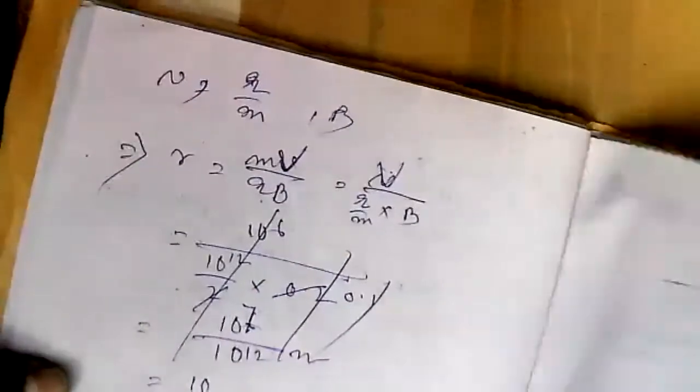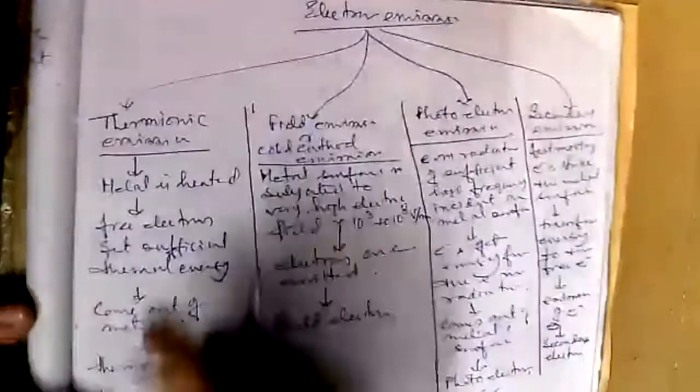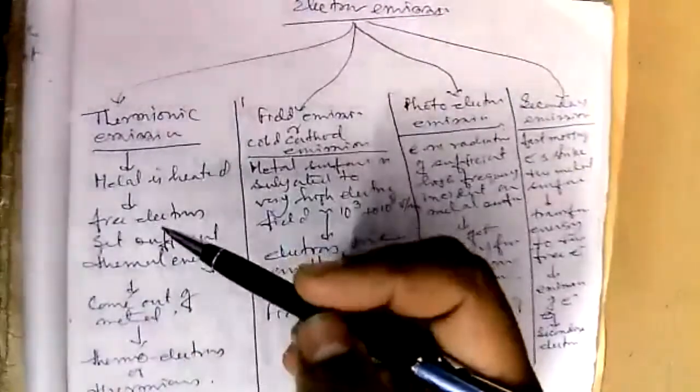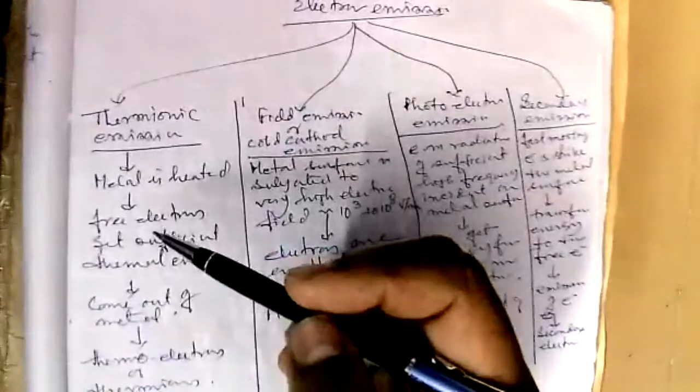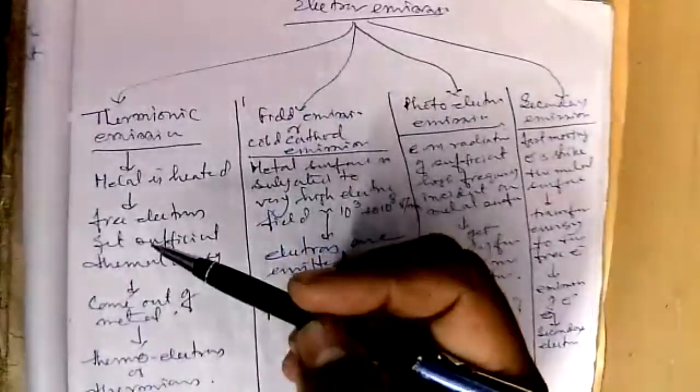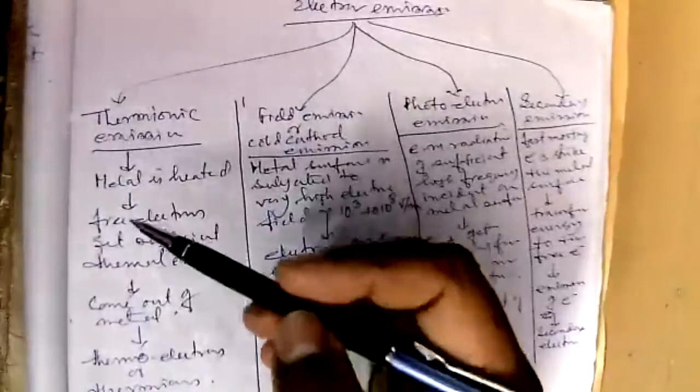I'm just giving an overview of the last class so that you can continue today's class. So by giving heat energy, that means heating the metal, we can provide energy to the electron, which is sufficient. When the energy becomes sufficient, then the electron will come out of the metal.